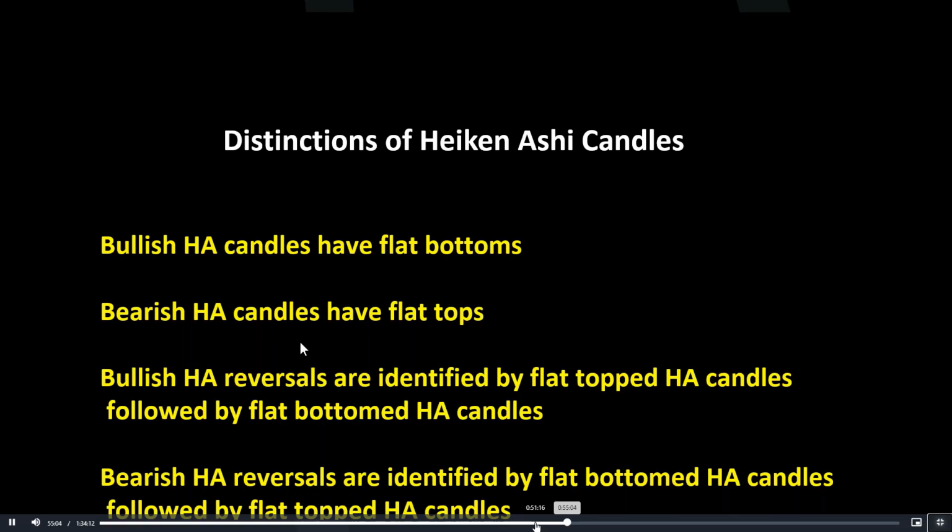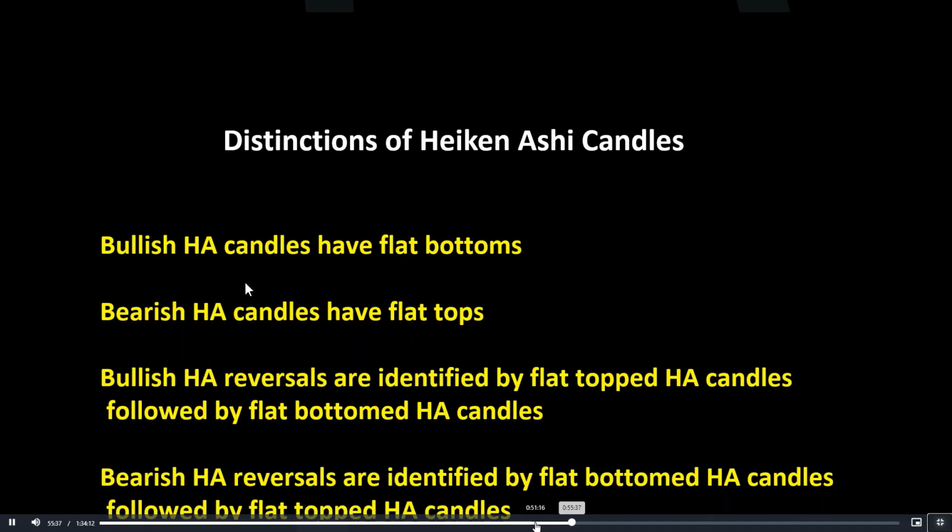Okay, John. So with Heikin-Ashi candles, again, this is what you want to remember. The bullish ones have flat bottoms. The bearish ones have flat tops, right? And kind of an aside here, if you're used to using regular candles, a bullish candle with a big wick on the top, where the buyers drove the market price up and then it pulled right back again, gives you some reason to pause as far as being long.